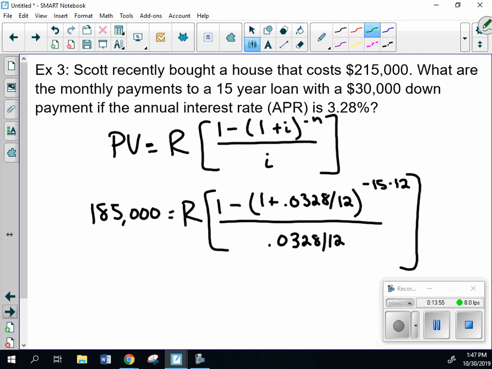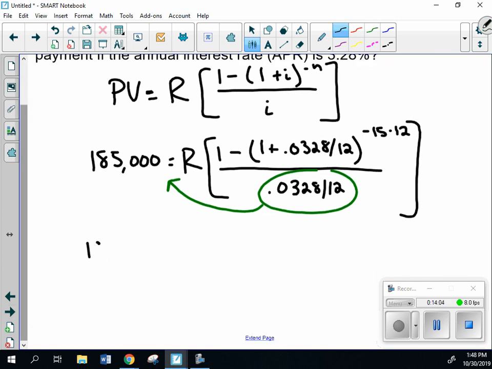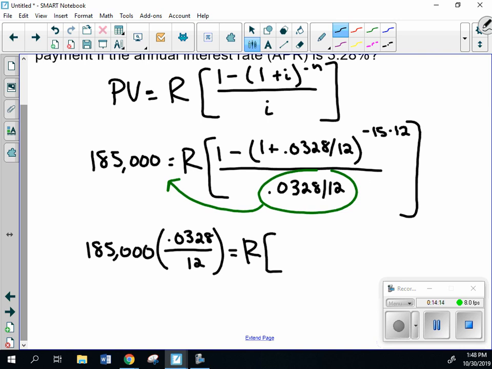So you're going to take this. It's being divided by, so you're actually going to multiply by that. So you're going to take 185,000 times that 0.0328 divided by 12, and then that's going to equal everything else that was left over. This way, we are getting rid of that fraction, which is going to make life so much easier.